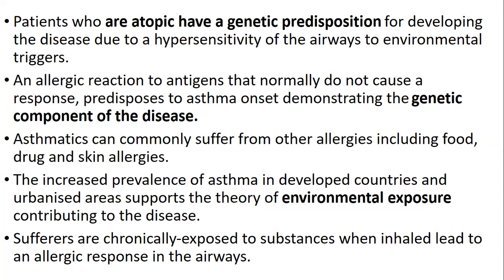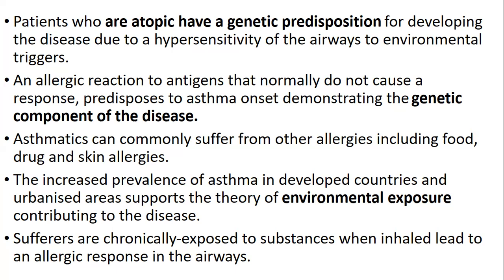Usually patients that are atopic are susceptible to developing this condition. An allergic reaction to antigens that normally do not cause a response predisposes to asthma onset, demonstrating the genetic component of this disease. Asthmatics can commonly suffer from other allergies, including food, skin, and drug allergies.